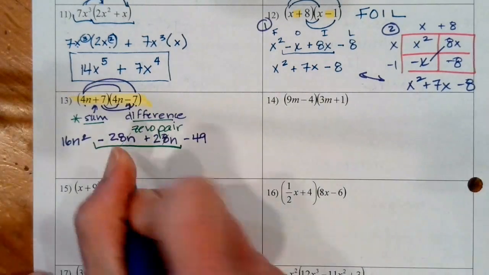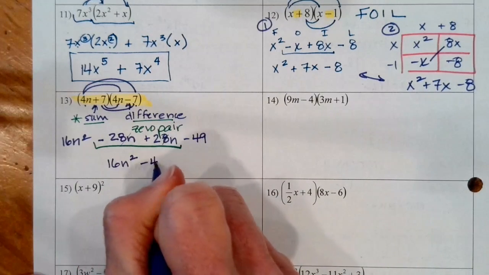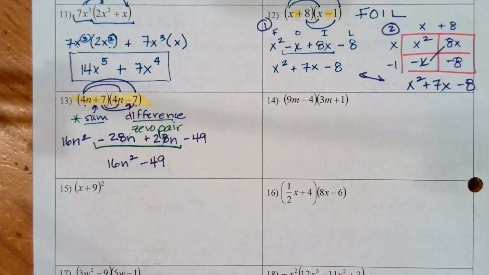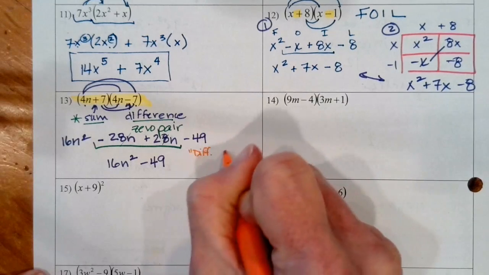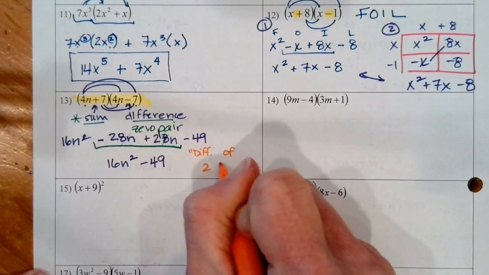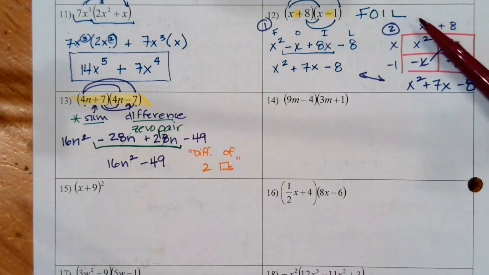So my answer is going to be 16n squared minus 49. Guess what? Our answer even has a special name. We're going to call this answer the difference of two perfect squares. And that's going to be real important on our next unit, so hold on to that idea.